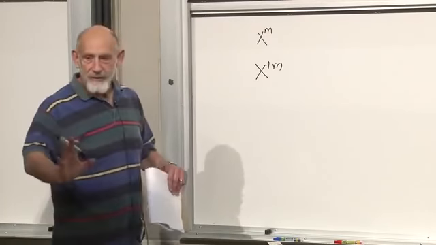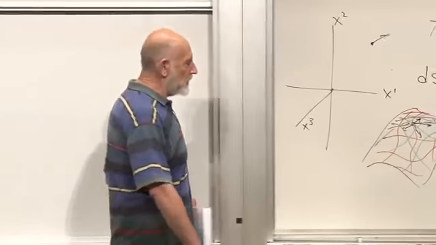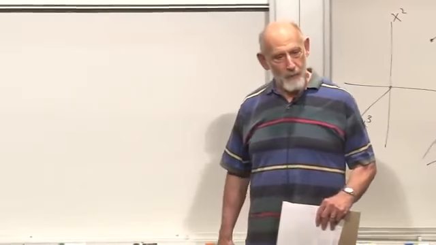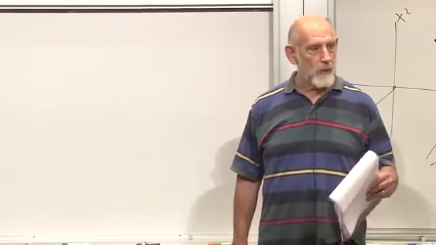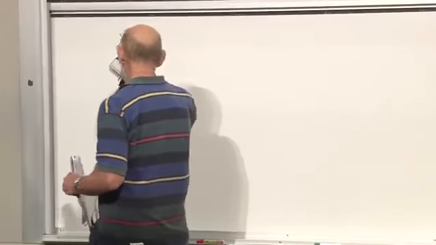Let's keep away from that. Let's call the two sets of coordinates x and y. It's not x, y, z type y, it's just x1, x2, x3, x4, however many, and y1, y2, y3, y4. Two sets of coordinates, x and y.